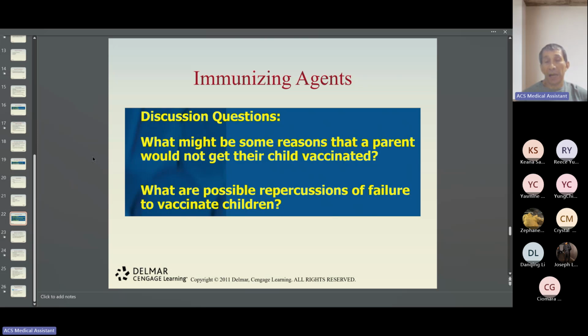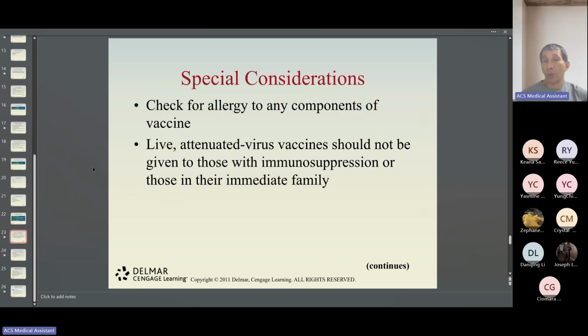Unless they are hypersensitive to the content of the medication, that's a different issue because you can develop an allergic reaction. But other than that, there is no contraindication to it. So here answers what I just said. Check for allergy to any components of the vaccine. Just naming the vaccine does not mean anything.